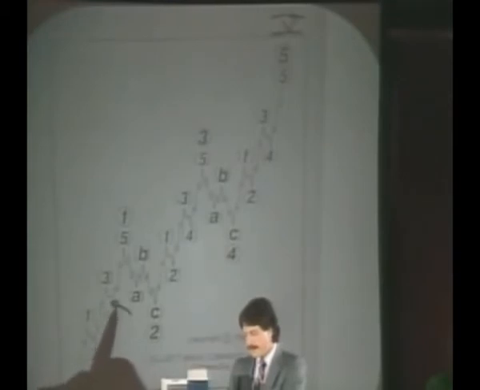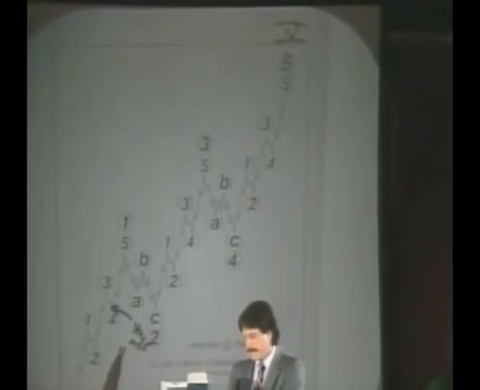So if we were to draw a map of where the dollar is in terms of the ideal, idealized Elliott wave structure, we would now be in intermediate wave 4 of primary wave 1.